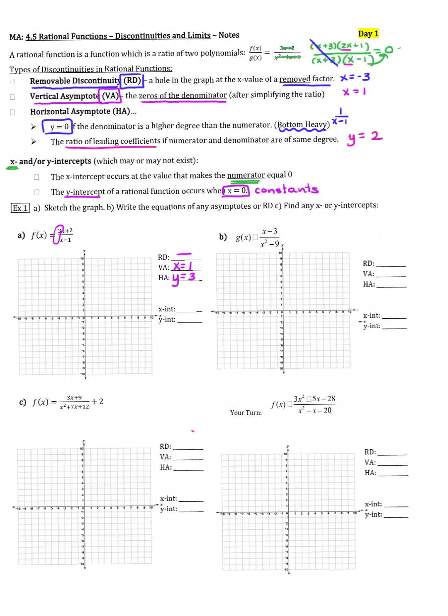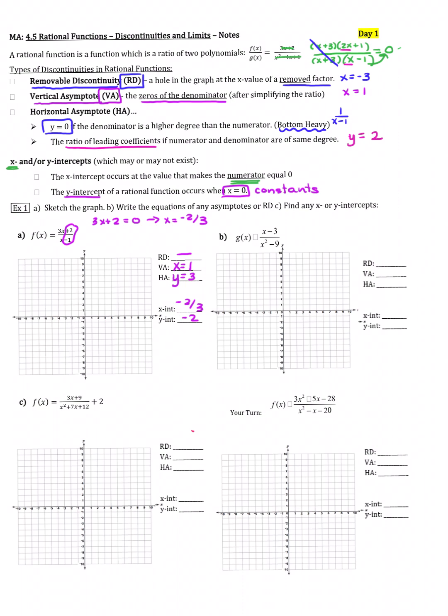These asymptotes are equations of a line, so make sure you write the whole equation, x equals, y equals. Don't just write down 1 and 3. Then I want to find my x-intercept. We let 3x plus 2 in the numerator equal 0. That gives me that x will equal -2/3. And for the y-intercept, you just look at the constants, that will be a -2.